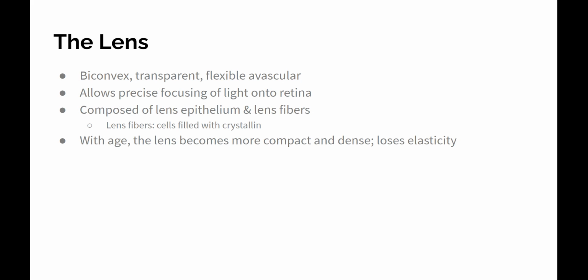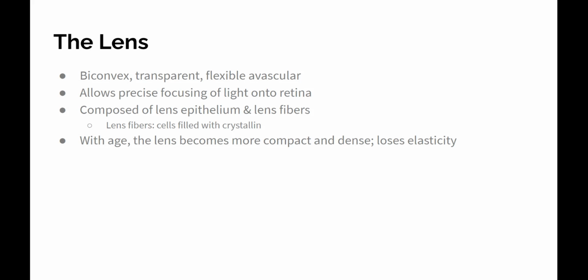All right. The lens is how you are actually able to focus light onto the retina, depending on what you're looking at. It's made up of lens epithelium and lens fibers. The lens epithelium actually differentiate into lens fibers, which are cells that are filled with a protein called crystallin.